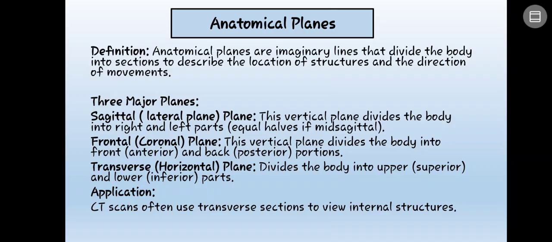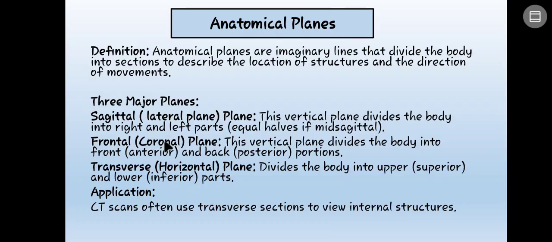So that means that if an imaginary line is dividing the body from top to down, it is going to give us left and right portions. Left and right portions. Okay, so a sagittal or lateral plane, these vertical planes divide the body into right and left parts.